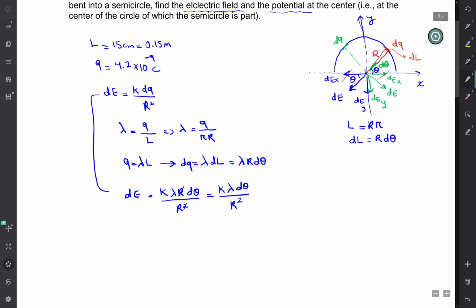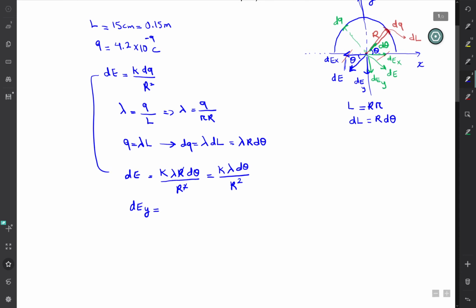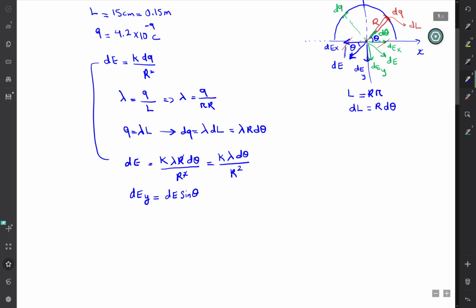And the y component of the electric field would be opposite, yeah, this is the y component, which is right in here too. Therefore, it will get the sine. So I can say, look, dEy equals dE sine theta. By breaking dE into two components and ignoring the x components because they cancel out each other, I have dEy equals dE sine theta.